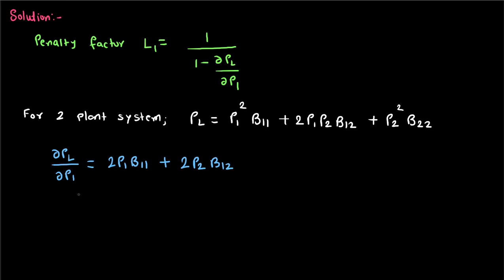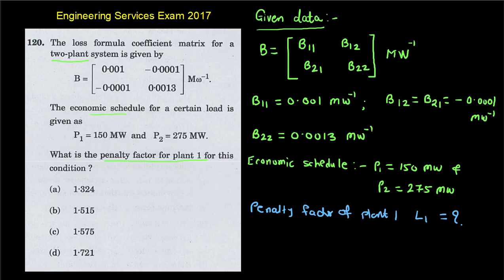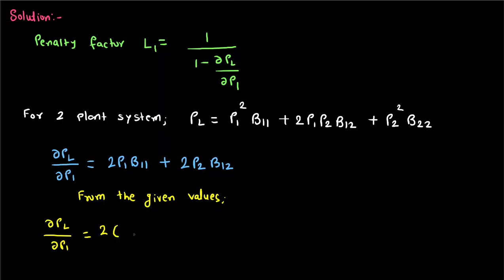Using the given values, ∂PL by ∂P1 will be equal to 2 into P1, which, as on the previous slide, is 150, times B11, which is 0.001, plus 2 times P2, which is 275, times B12.